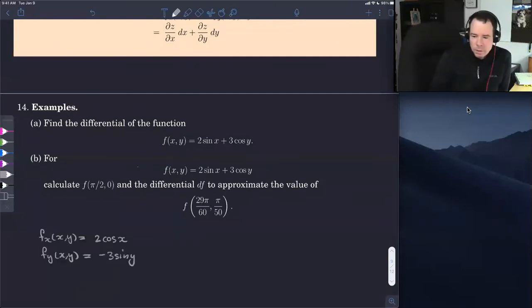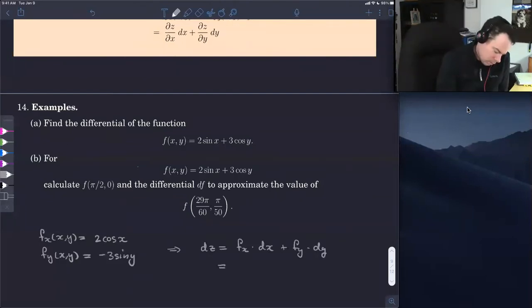Okay, so those are our x and y partials, and now we can put them together to get our differential. Our differential dz is the x partial times dx plus the y partial times dy. Or in other words, it's 2 cos x dx plus -3 sine y dy. So there is our differential.